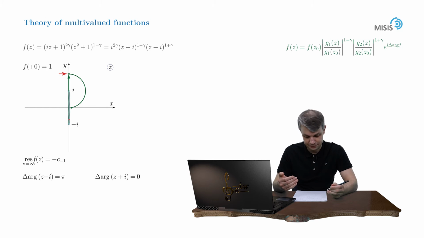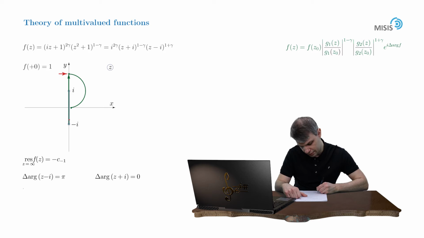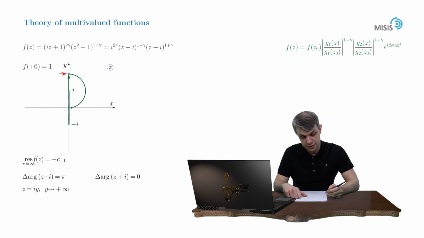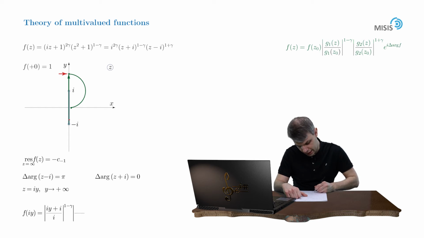And this is how we proceed. We parameterize our complex number as iy, where y tends to plus infinity, and write down the expression for our multivalued function. So f of iy equals (iy plus i) divided by i, modulus to the power of 1 minus gamma, plus (iy minus i) divided by minus i, to the power of 1 plus gamma, and times the corresponding change of the argument of our function.